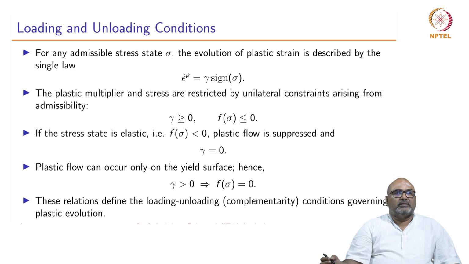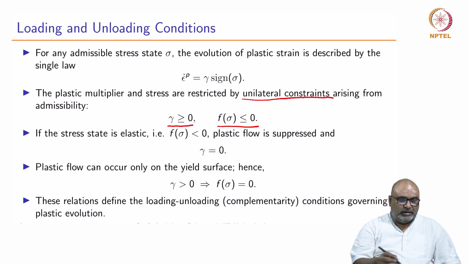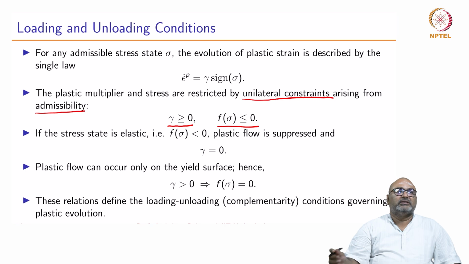Here gamma is called the slip rate or the plastic multiplier, and it is governed by some constraints: for slip to happen, gamma must be greater than or equal to 0, and this happens always on the yield surface, and the stress state should be admissible. So, f of sigma must be less than or equal to 0. These two are the unilateral constraints that arise from admissibility of the stress state.